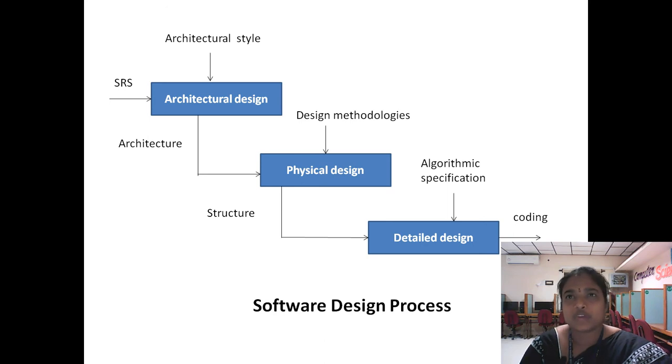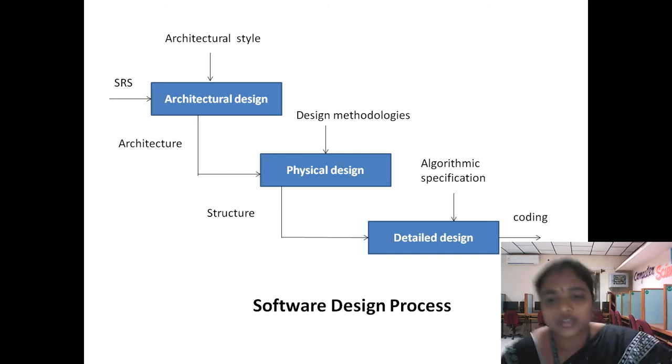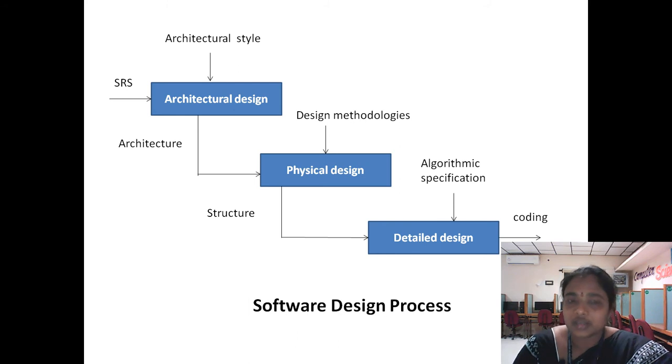Let us take a small example. Software designing is similar to designing a building, which we also do in 3 phases. What do we do in architectural design?